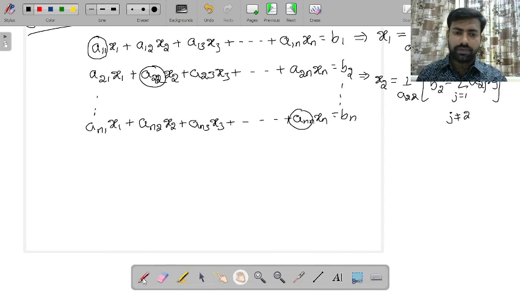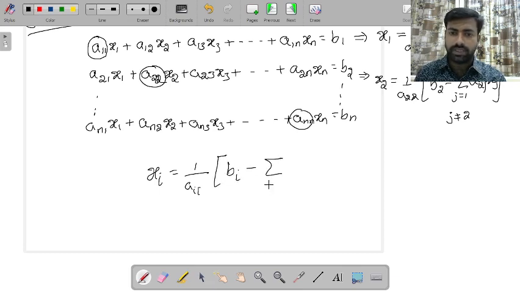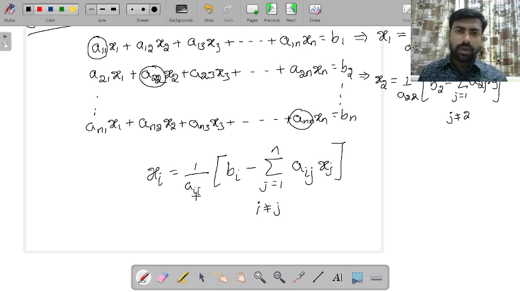If you write a generalized formula for xi, xi is 1 by aii into bi minus the summation over j equal to 1 to n, where i is not equal to j, of aij xj. This is how we obtain the xi's.